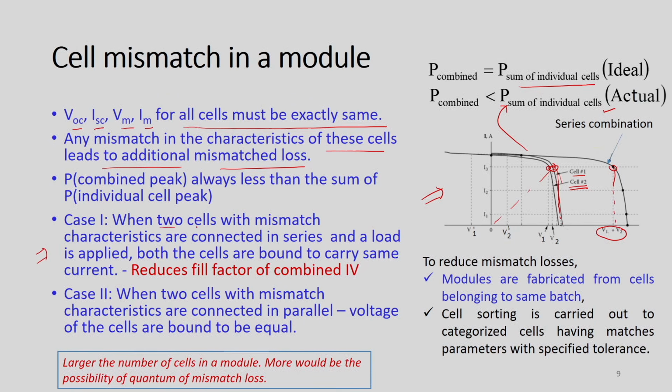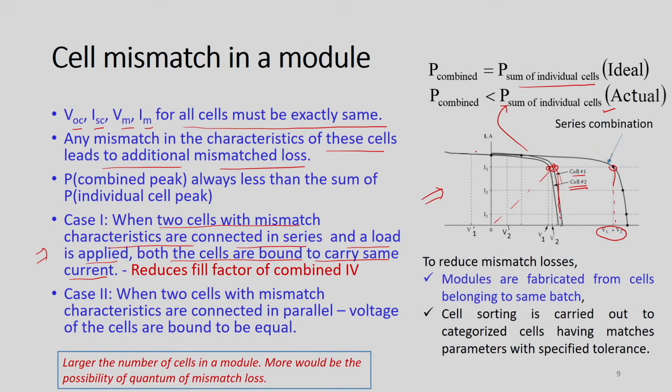When two cells with mismatched characteristics are connected in series and a load is applied, both cells are bound to carry the same current. So if they are different, then one cell will produce power and the other cell will dissipate power.